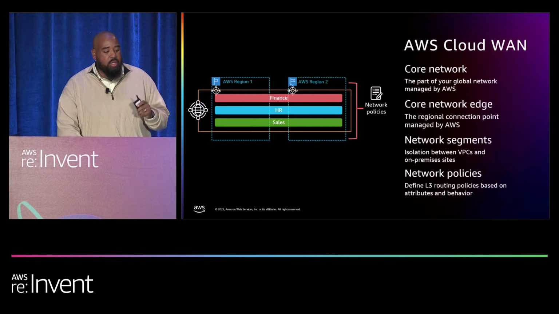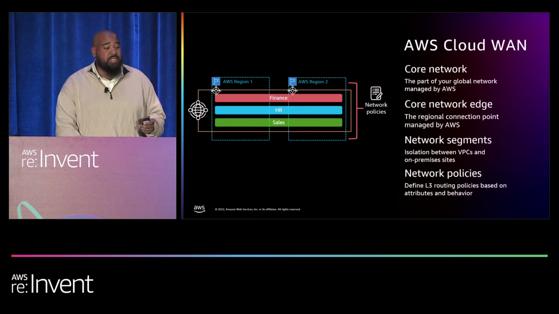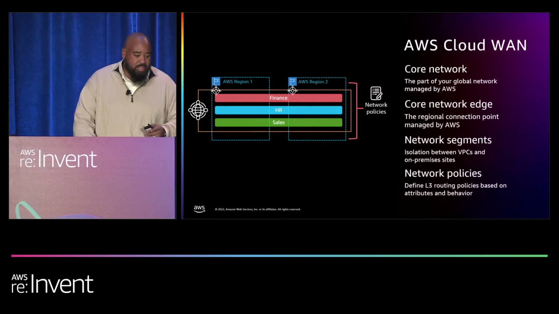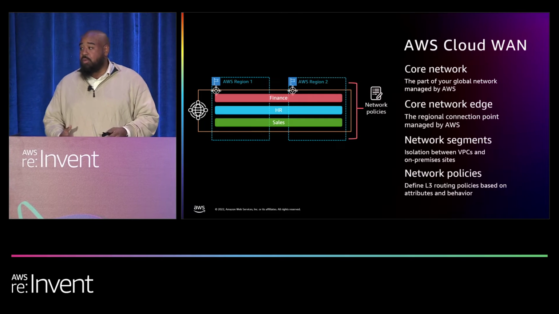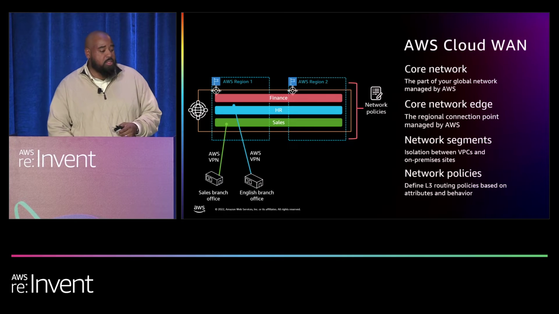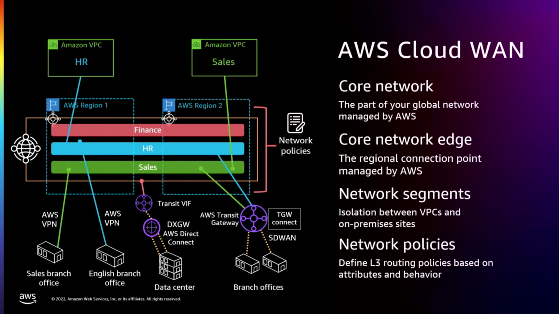Network policies give you the ability to define how many segments you want, how many regions they should operate in, and which attachments should get associated with which segments. From there, you begin to attach your branch offices, your data centers, as well as your VPCs to their respective segments. And I'll give you a moment to snap a photo.